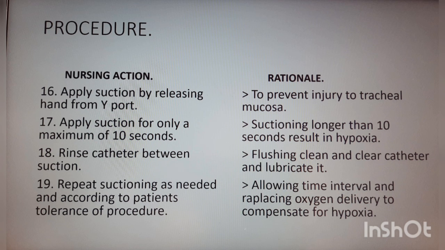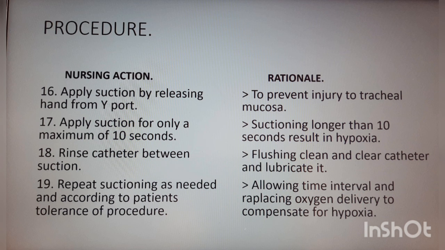Hyperventilation reoxygenates the lungs. Rinse the catheter between suctioning by inserting the tip in a cup of sterile water and applying suction. Flushing cleans and clears the catheter and lubricates it for the next insertion. Repeat suctioning as needed and according to the patient's tolerance of the procedure.